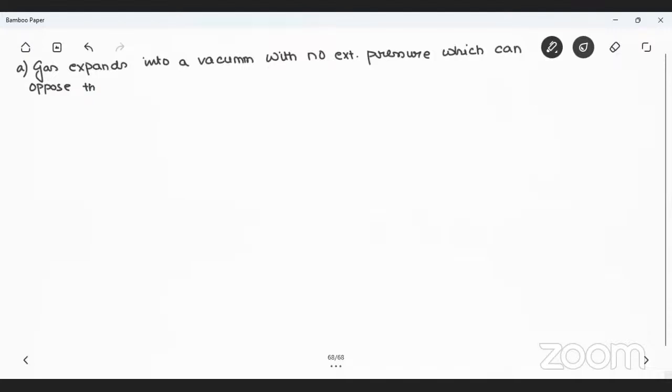This is the literal meaning of free expansion. So work done here, for this case, work done becomes 0. Why? Because there is no external pressure. And we know the work is P external times V2 minus V1. If P external becomes 0, the whole work done will be 0.